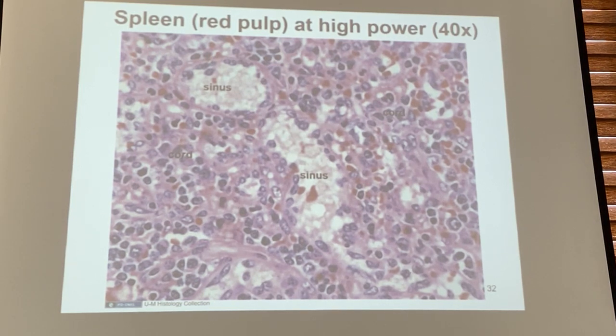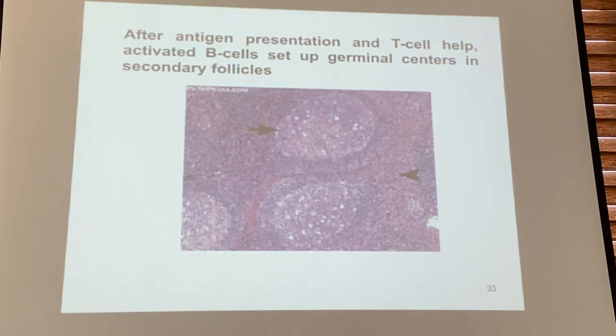That's why the spleen is called the reticuloendothelial system. Why? Because it is mainly formed from reticular fibers. Endothelial cells, it means the sinuses, that is the reason.